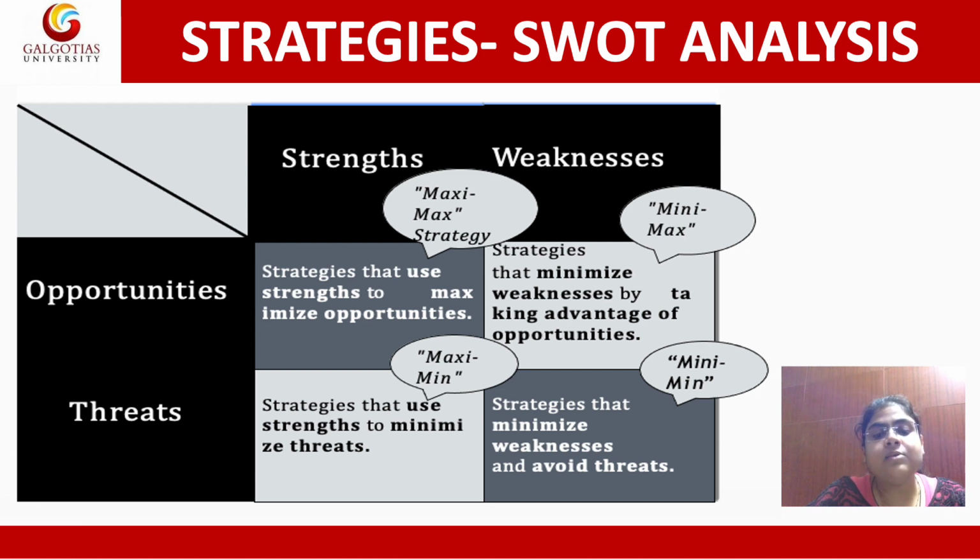So in that case, we are going to use the mini-min strategy, mini of the weaknesses and min of the threats. As in the first box, we are using maxi-max, since both are positive, we are going to get maximum advantage from both things. But in the last, since both things are negative, that's why we are using mini-min strategies.